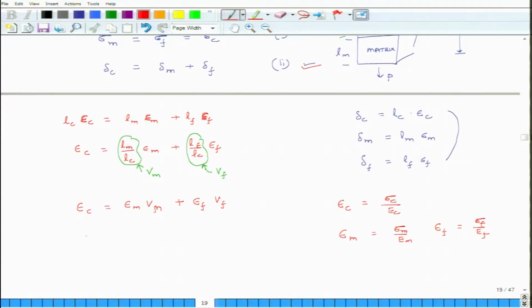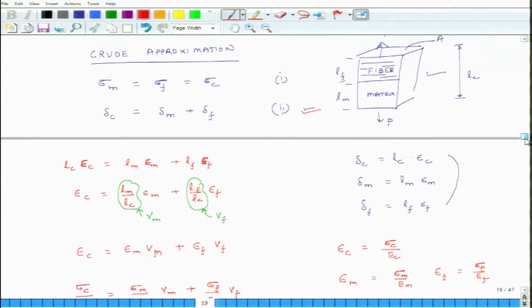So I get sigma c by Ec equals sigma m by Em times Vm plus sigma f by Ef times Vf.